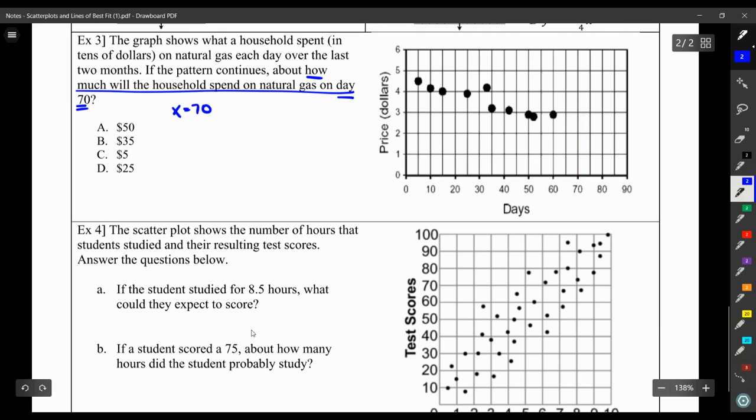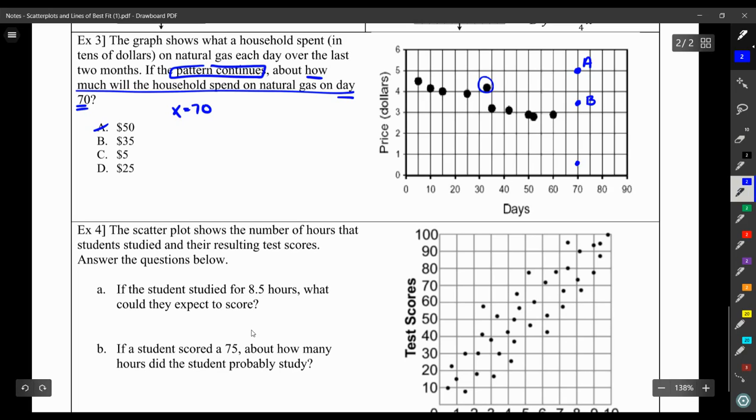Now, you're trying to find the coordinate that fits the pattern the best if the pattern continues. So choice A means you're going to spend $50, which is here. That's way too high. That's not in my pattern. So it's probably not A. Letter B is saying 35, so 35 is about here. Well, that could be it because I see this guy's kind of weird too, so let's hold on B. Letter C is $5.